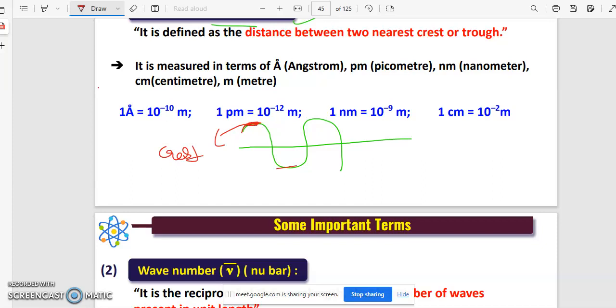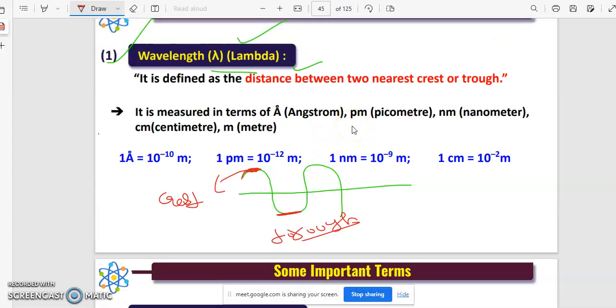Yes, and the lower ones are troughs. So if I make the wave, it will be like this. Wavelength is defined as the distance between two nearest crests or troughs. It is measured in terms of angstrom.